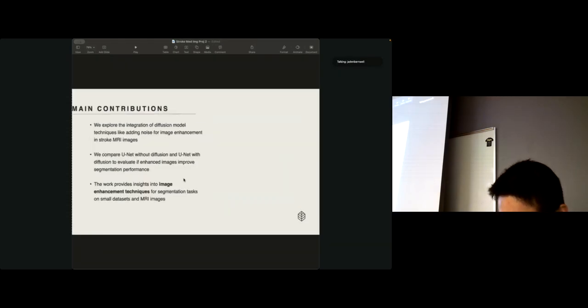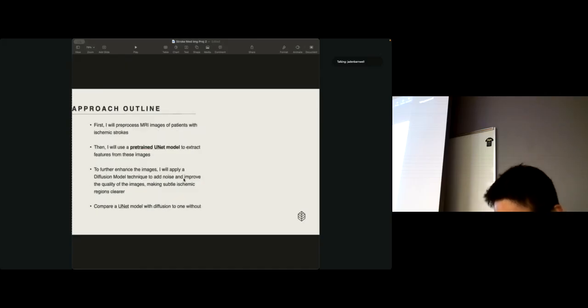The main contributions of this project are integrating diffusion model techniques, such as adding noise, for image enhancement on stroke MRI images. We compare the UNet without diffusion techniques with the UNet with diffusion techniques, and we evaluate if these enhanced images will actually improve segmentation performance. The work looks into segmentation performance on small data sets through image enhancement.